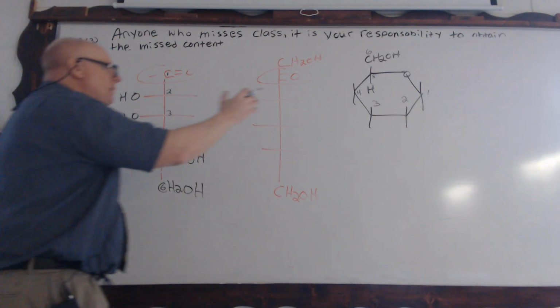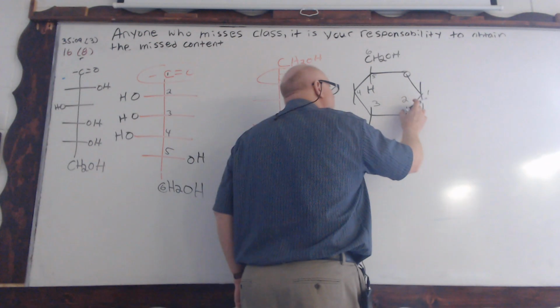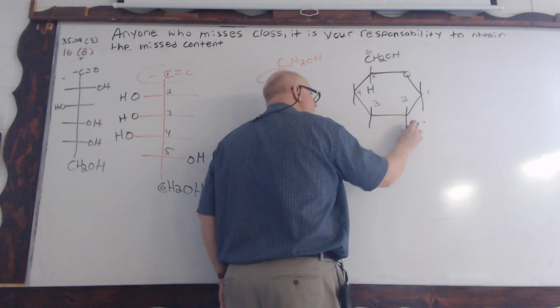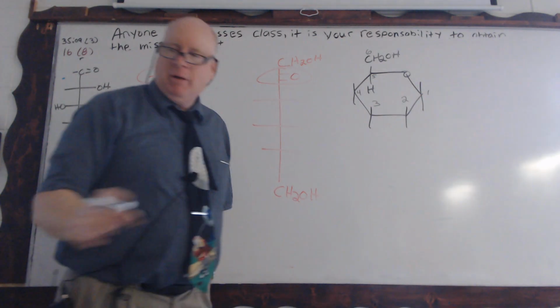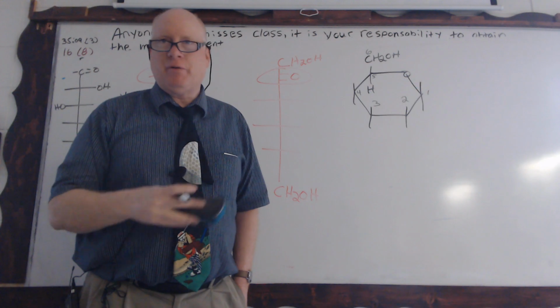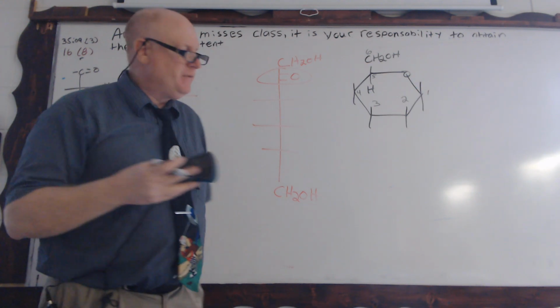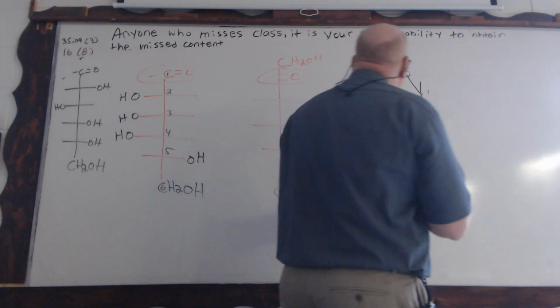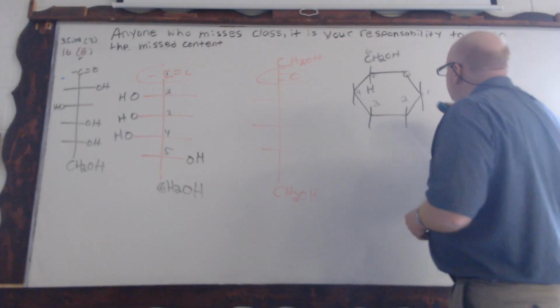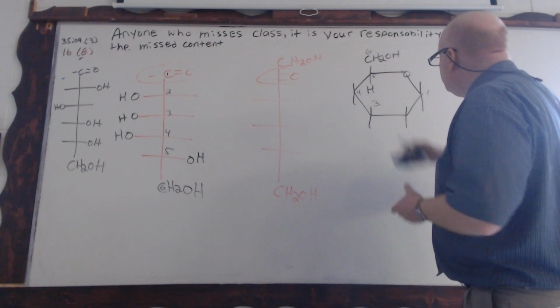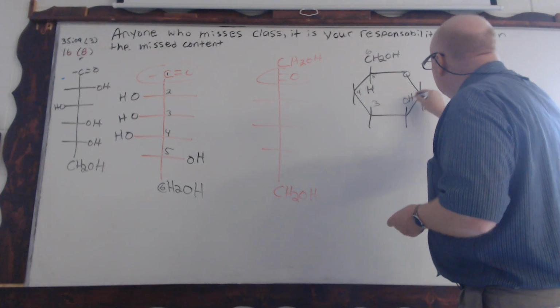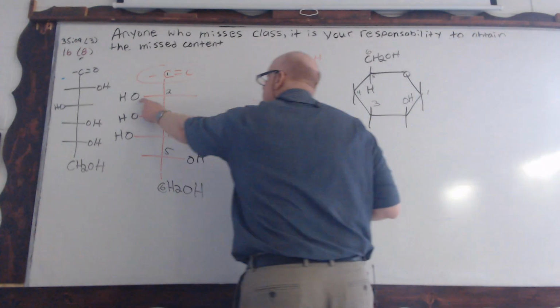So where does that place this on carbon 2, above this or below it? Remember the clue we gave? We talked about Reader's Digest, or R down. R is down, but that's on the left side. So it's not going to go down, it's going to go up. If it's on the left side, it goes up.